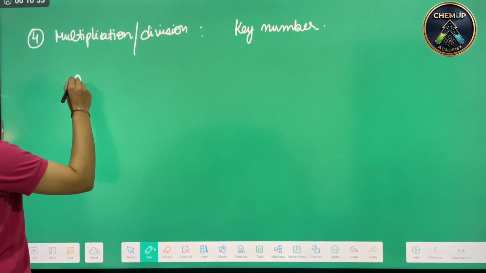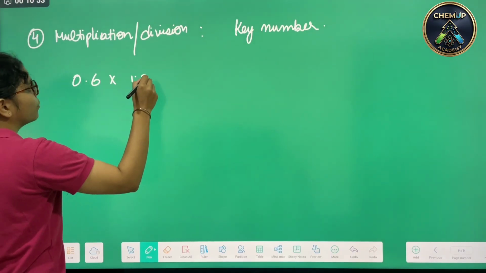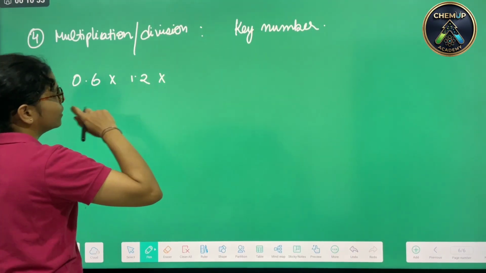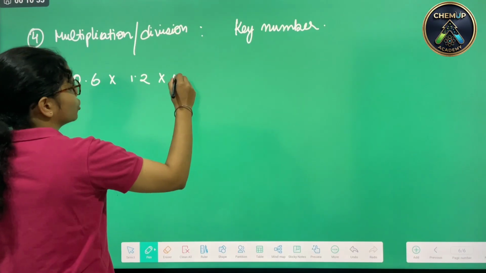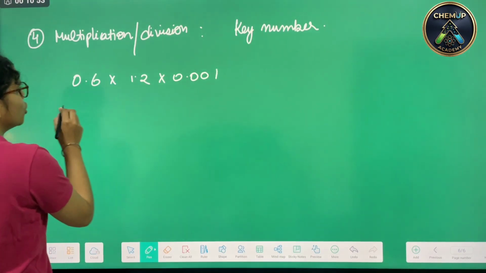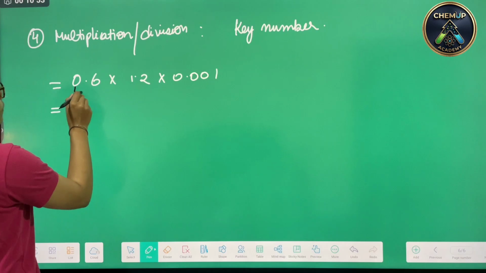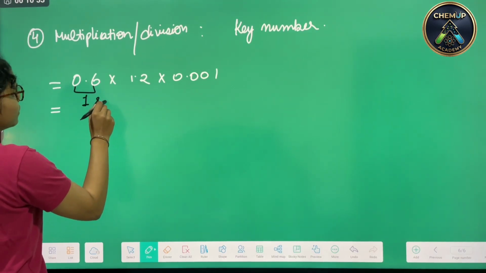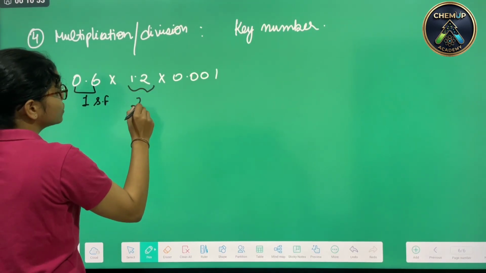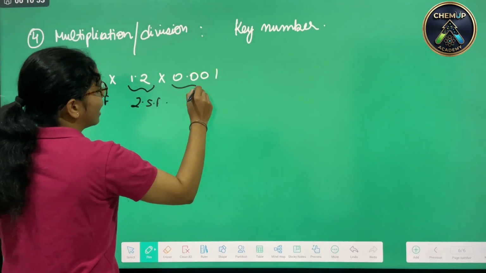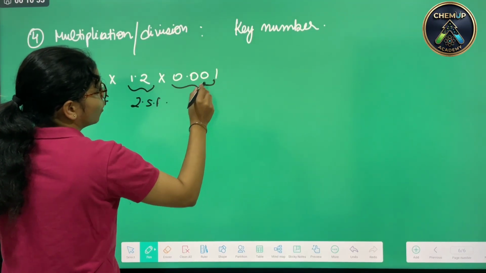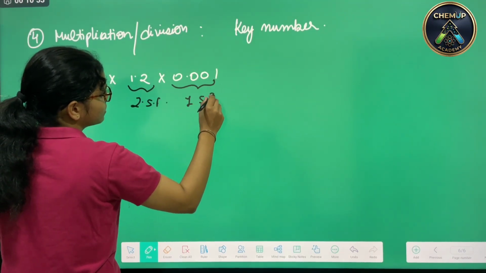Let's perform 0.6 times 1.2 times, let's take 0.001. So here our key number shall be, here we have one significant figure, two significant figures, and again here we have one significant figure.